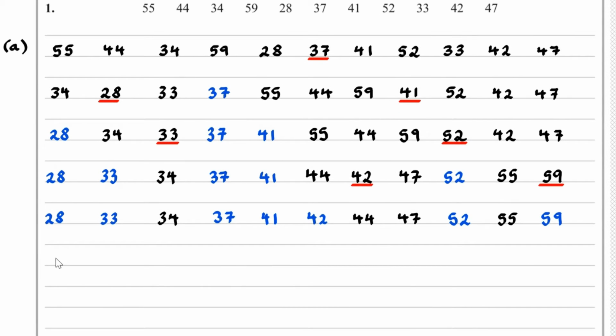Now the 28, 33, 37, 41, 42, 52 and the 59 are unchanged.